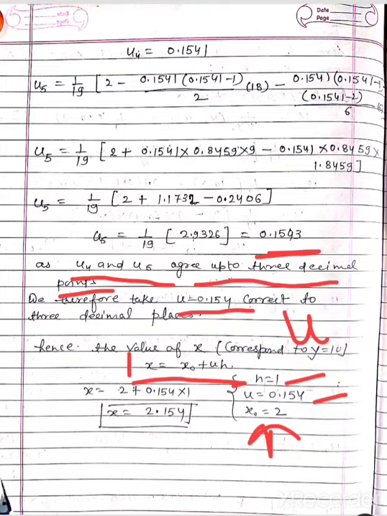Substituting all these values in this expression, we obtain the value of x, which comes out to be x equals 2.154. This value of x is related to the cube root of 10.